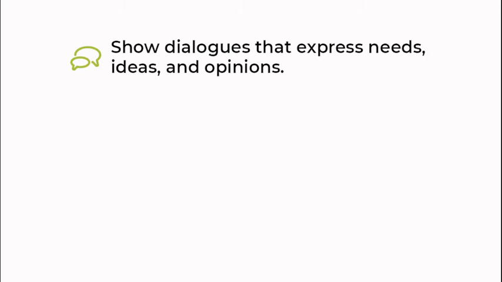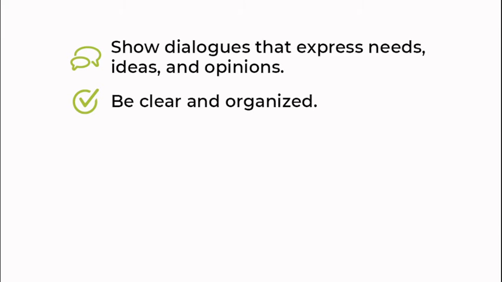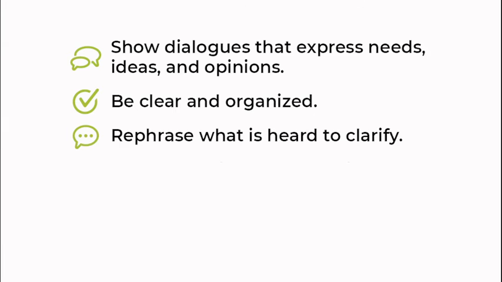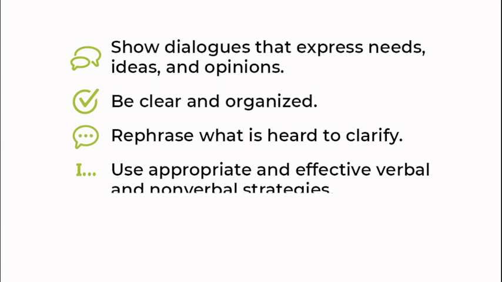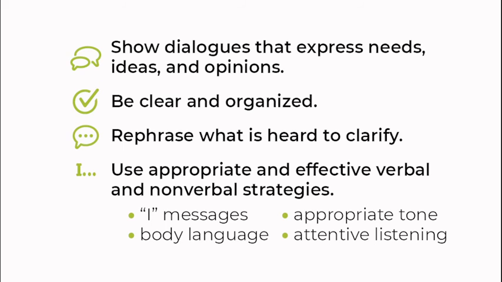You need to show dialogue between two people that express needs, wants, and opinions. You need to be clear and organized. You need to maybe rephrase what's heard to clarify. And you need to use appropriate and effective verbal and nonverbal strategies. And that breaks down the interpersonal communication.